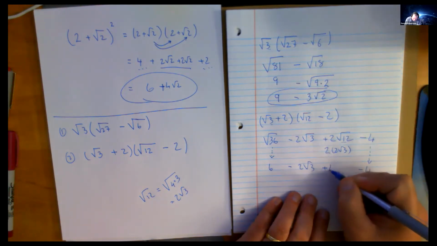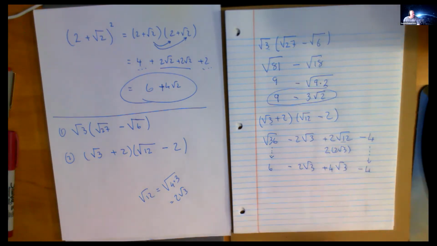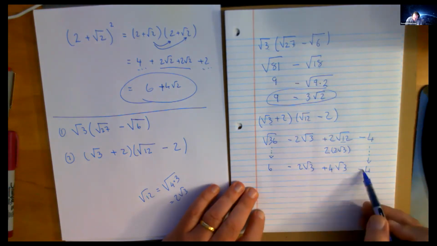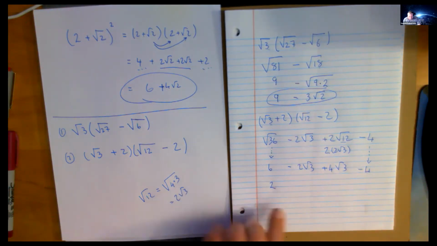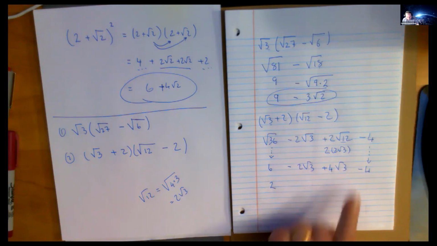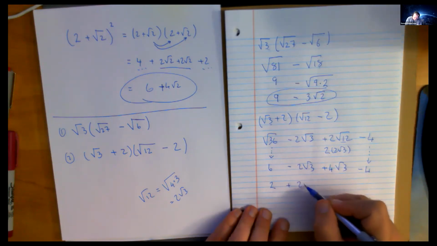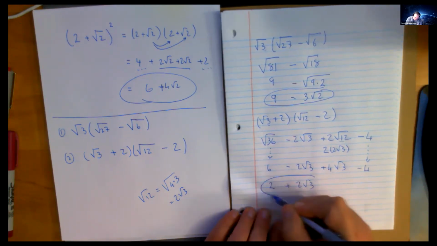Which means that you've now got 4 of them. You happy about where that came from? Now, there's some nice things happening here. Sometimes nothing much happens and you're left with a whole load of mess. But would you agree the 2 numbers combine to give you 2? And won't -2 plus 4 of this get you positive 2 root 3? And now you're finished.